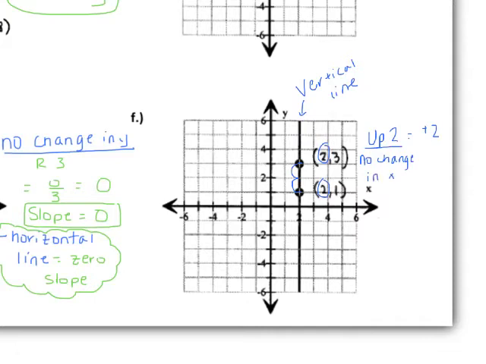in my x values. So if there's no change in my x, well, that's divided by 0. So a positive 2 divided by 0, well, anything divided by 0, if you take that and plug it into your calculator, you get the letters ERR, or error, okay, because it doesn't exist, all right?